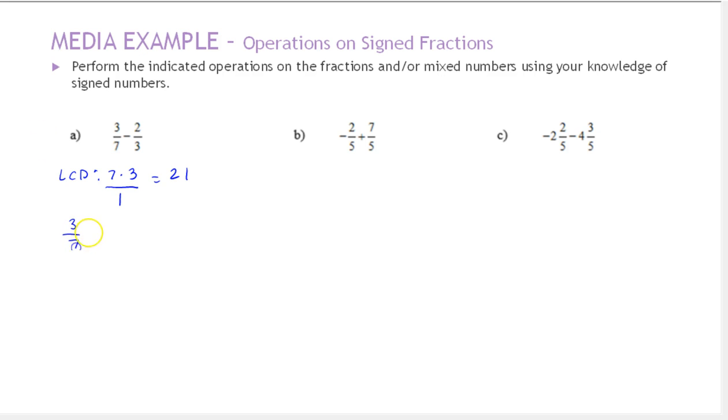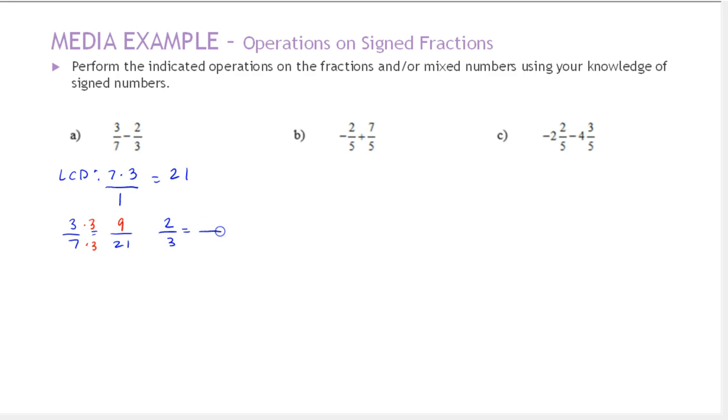So 3/7. We want to write that over 21. And I see that 21 divided by 7 is 3, so I multiply the numerator and the denominator by 3 to get 9/21. Now I will do the same thing for 2/3.